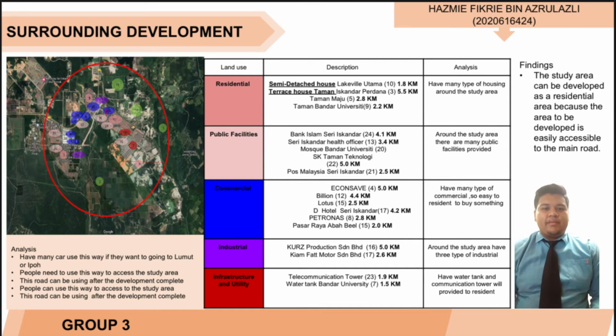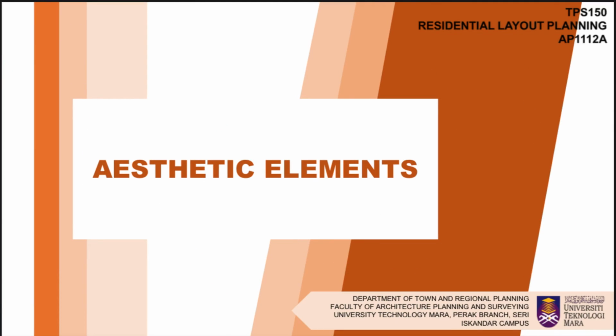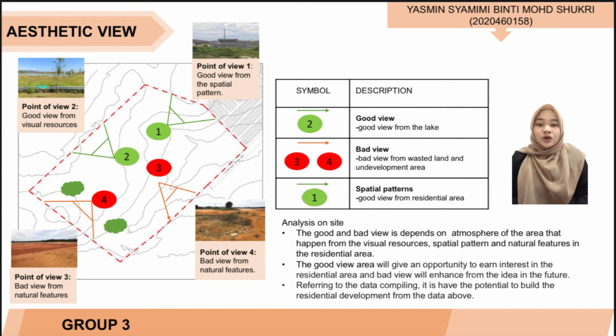km from the site. Now I want to present about aesthetic view. The green color is good view and the red color is for bad view. The good and bad view depends on the atmosphere of the area that comes from the visual research, spatial pattern and natural features in the residential area.